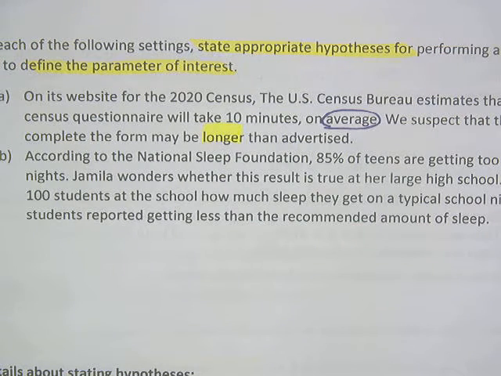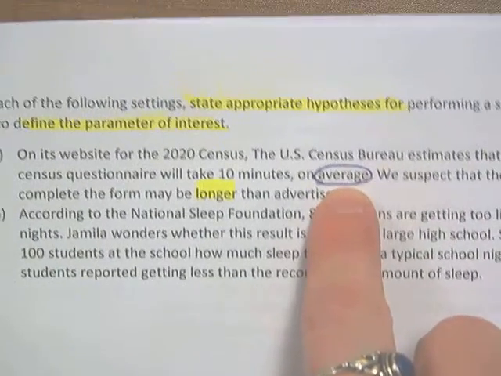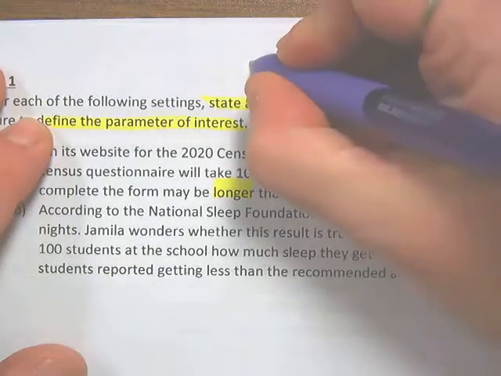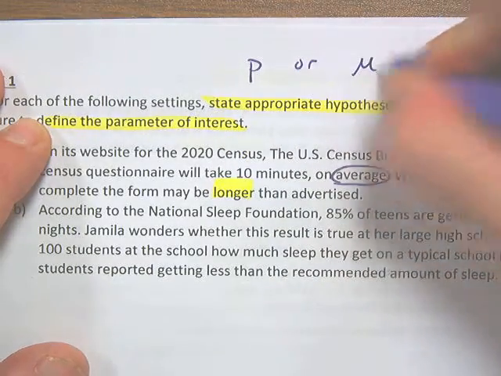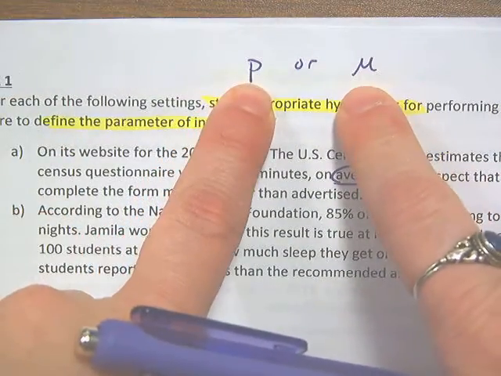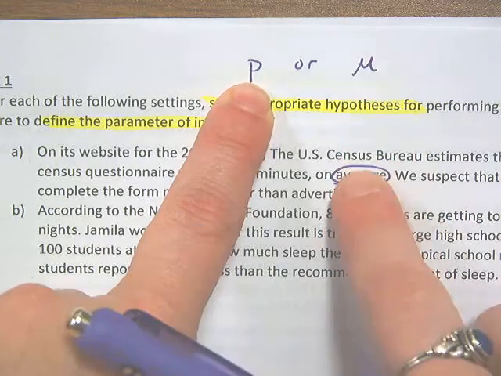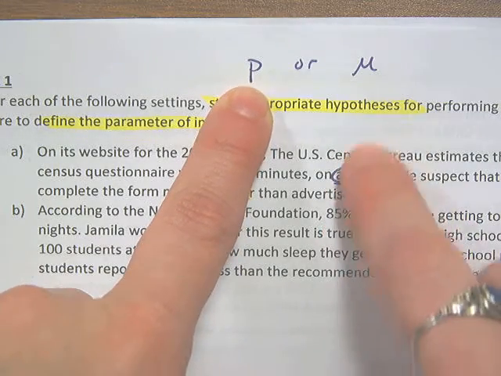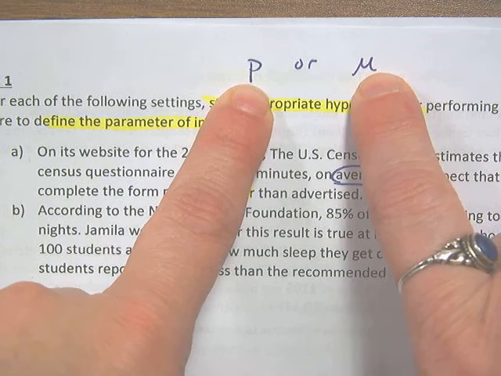So they say, hey, fill out this little questionnaire. It'll only take you 10 minutes. And we think, it's probably going to take longer than 10 minutes. Okay? That word that I circle is crucial because at this moment, you should be able to tell me which we're talking about. Are we talking about a population proportion or are we talking about a population mean?